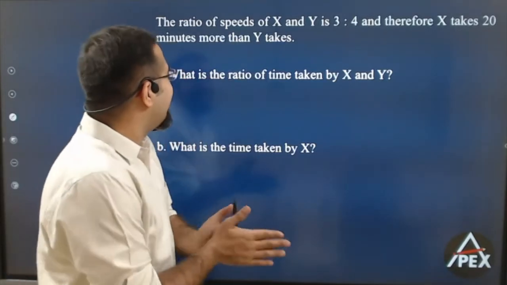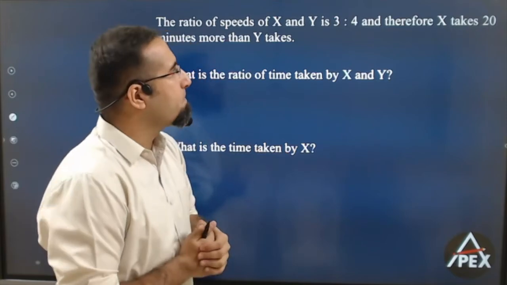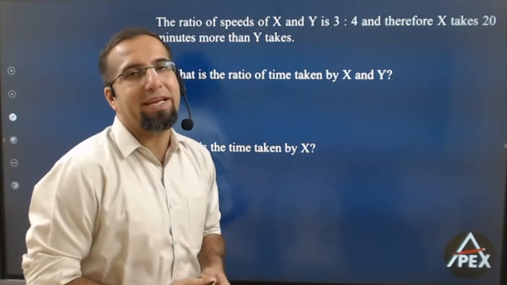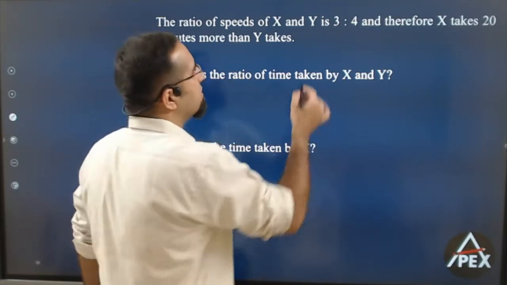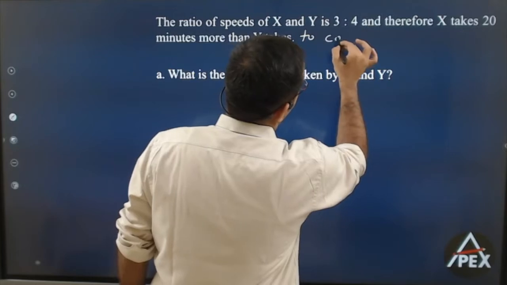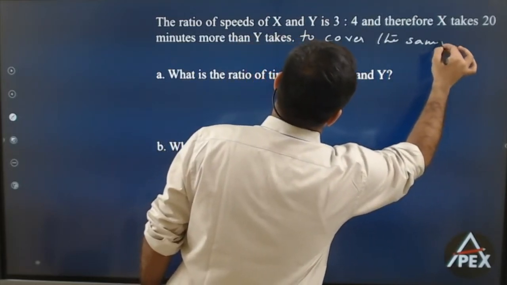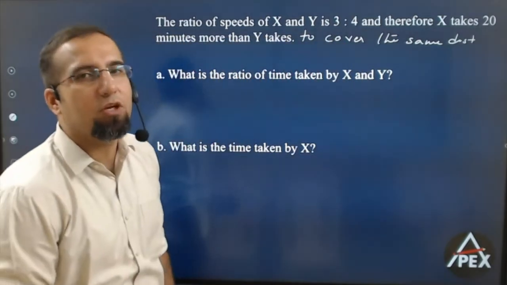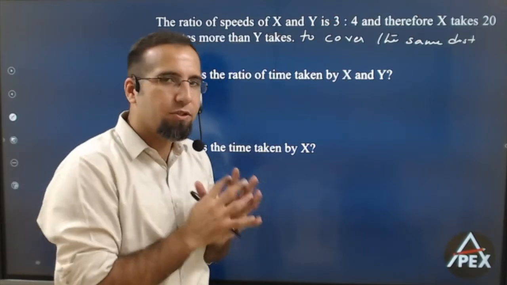Now let's look at this question. This question says the ratio of speeds of x and y is 3:4 and therefore x takes 20 minutes more than y takes. And there's a full stop, which means to cover the same distance is what we have to imply from the question. Most of the time these kinds of statements will not be given to us, right? So it's indicated that the distance covered by both of them is the same here.